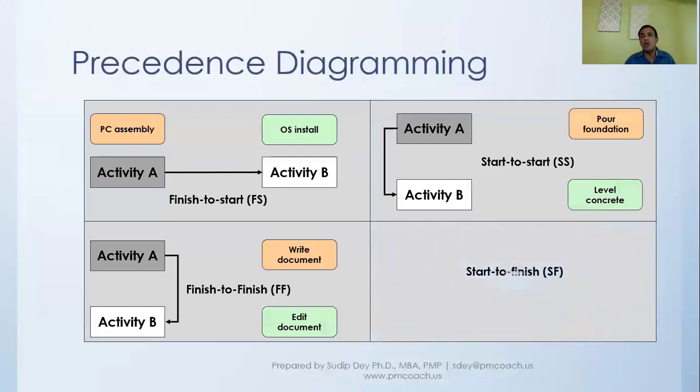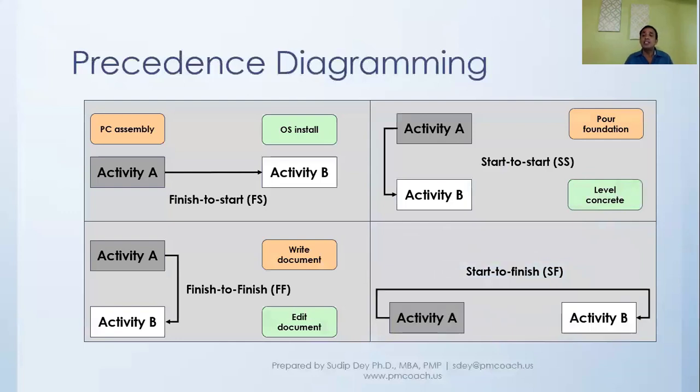Then there is one which is a bit odd, which is start to finish. This says activity B can finish only after activity A has started. It takes a while to wrap your head around because it's not a very common one.